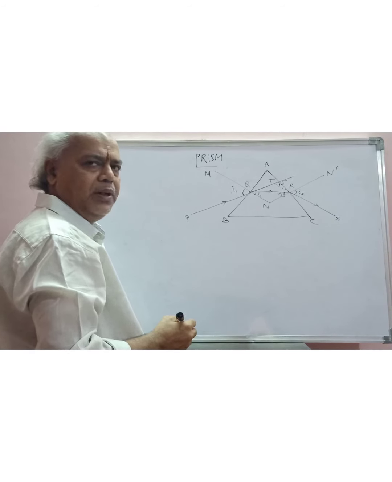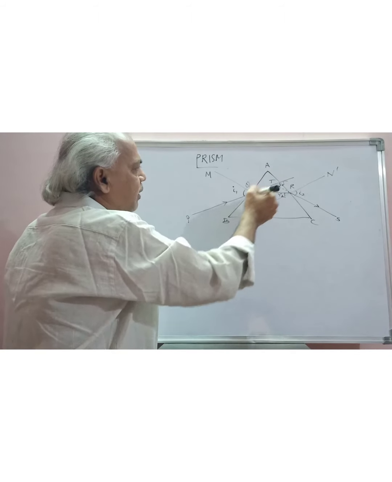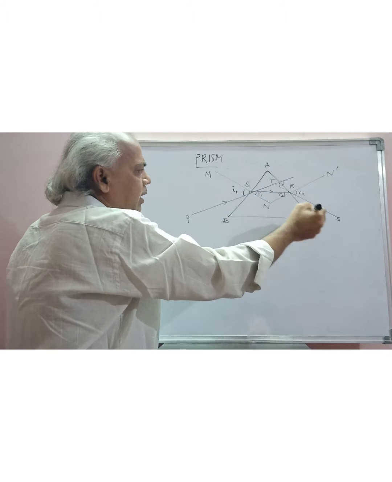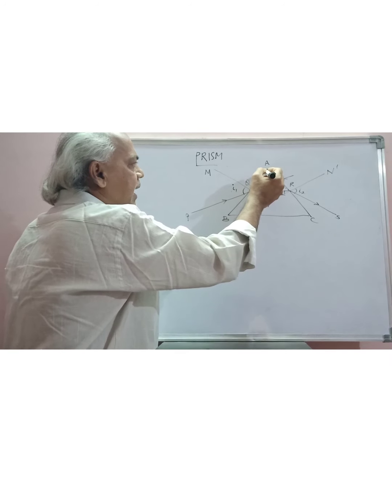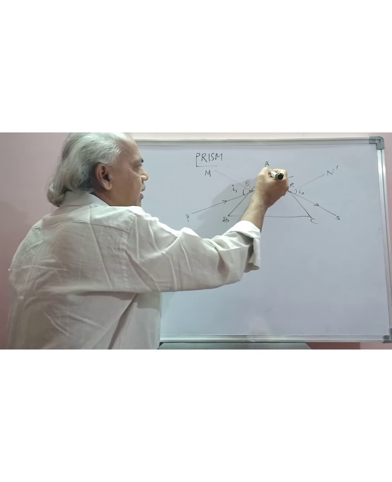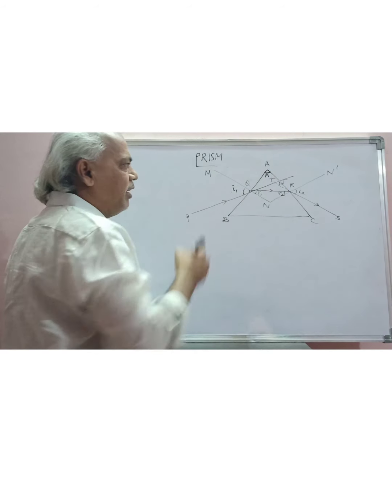The inclined refracting surfaces AB and AC make an angle, which is called the angle of prism A.